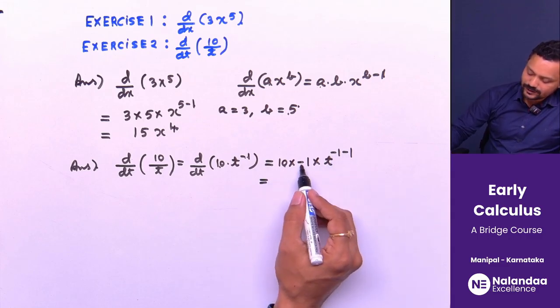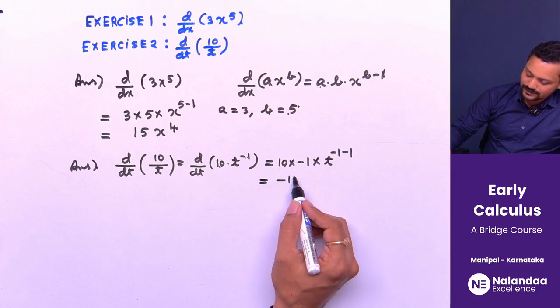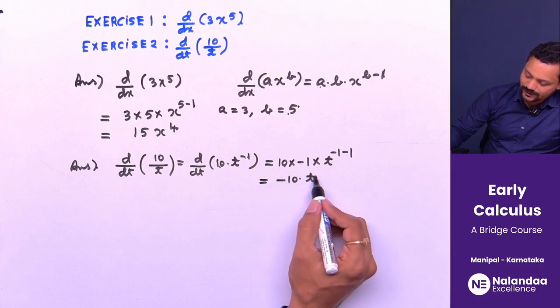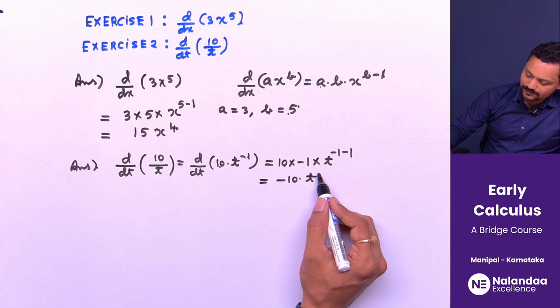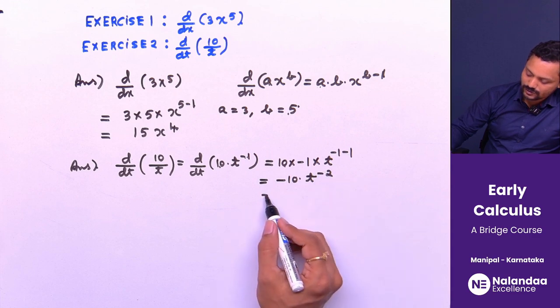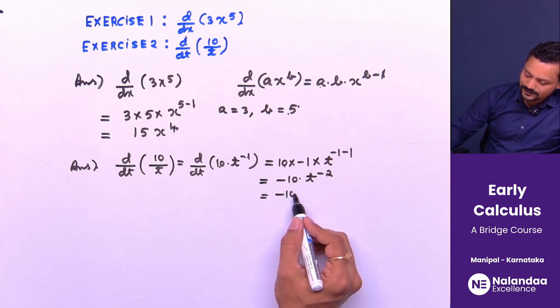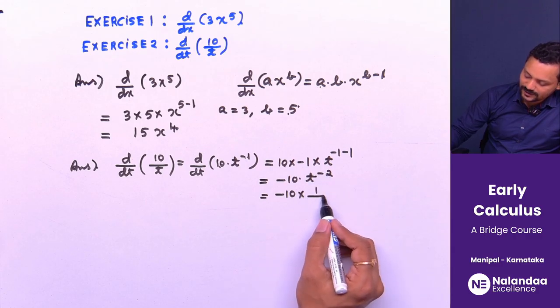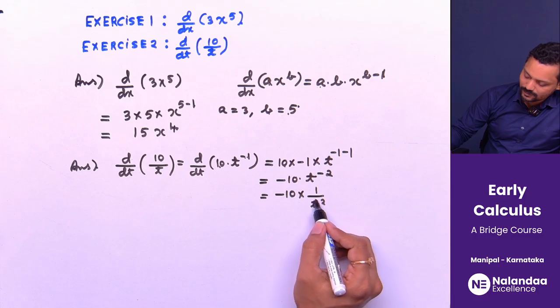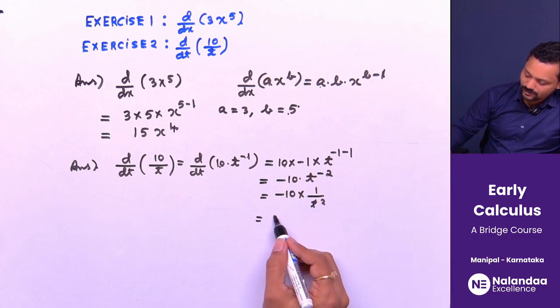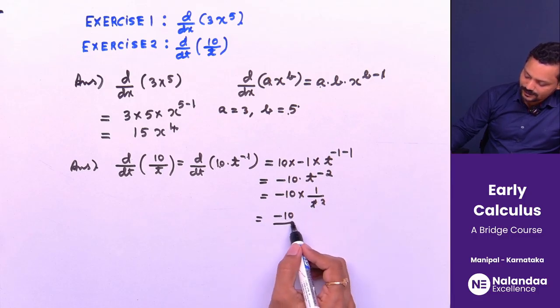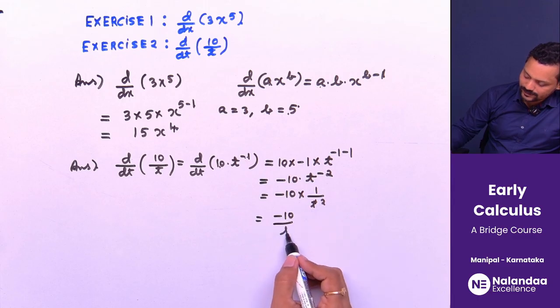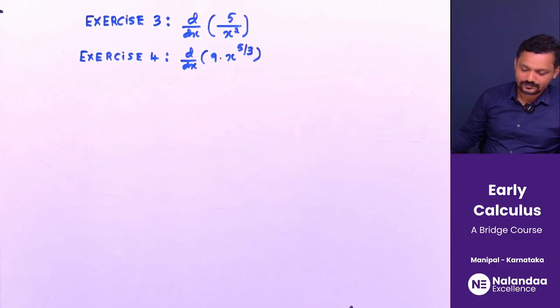So 10 into minus 1 is minus 10 into t power minus 2. This can be written as 1 by t power 2. So therefore, we can give this answer as minus 10 by t square. So this is the answer to the question.